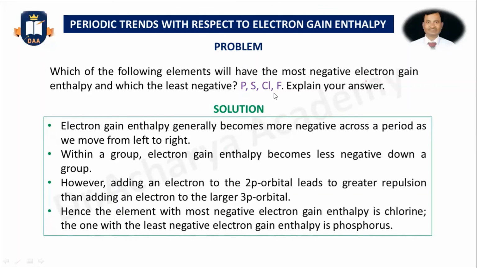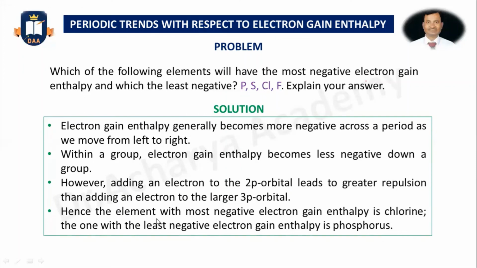You see that fluorine has principal quantum number 2, so it will get more electron repulsion. And phosphorus, group wise, it is down. So you have to consider these things. And chlorine is in principal quantum number 3, I already discussed.